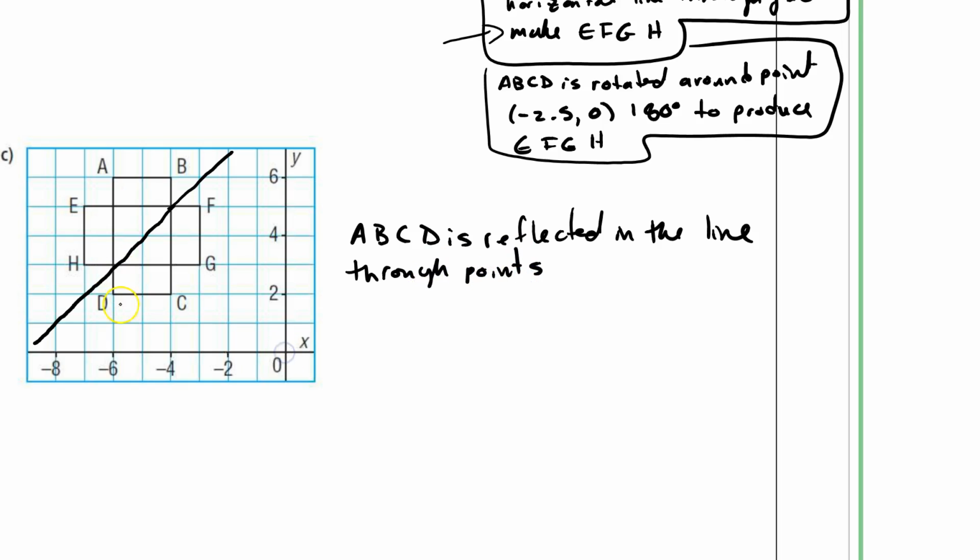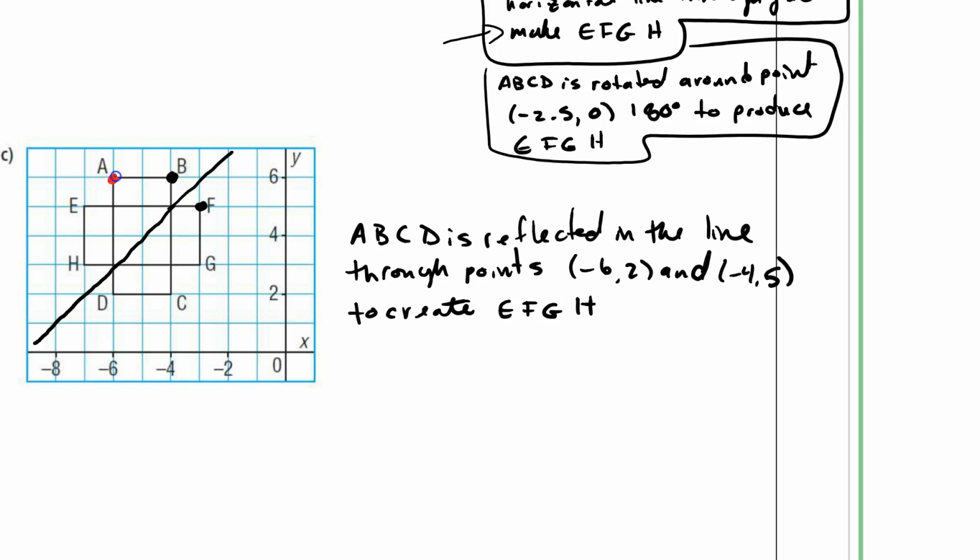Let's pick one. (-6, 2) and (-4, 5) to create EFGH, because we have this point here becomes this point.